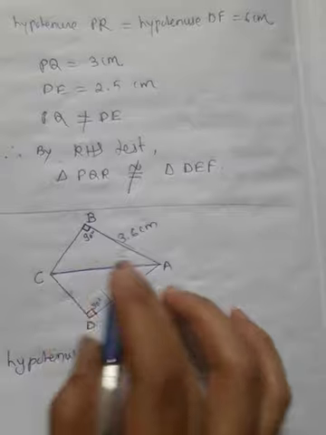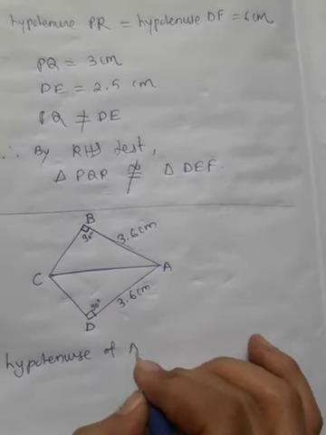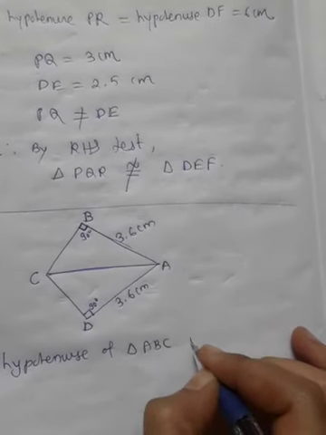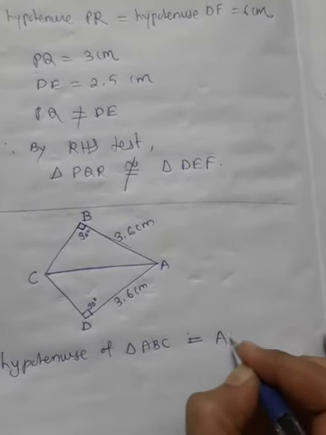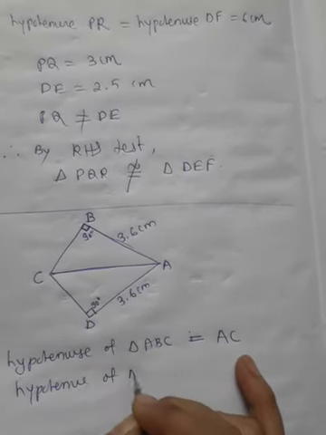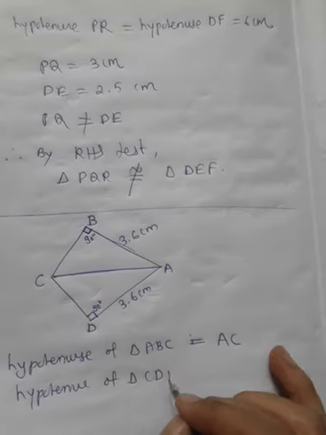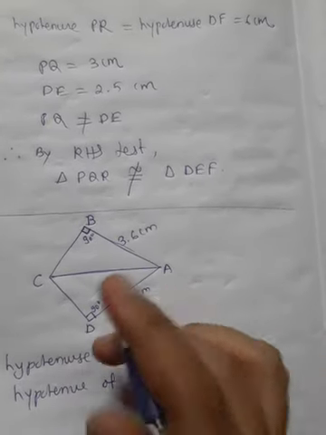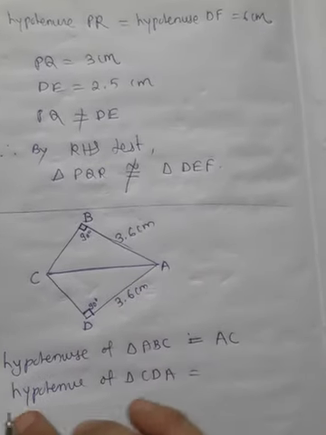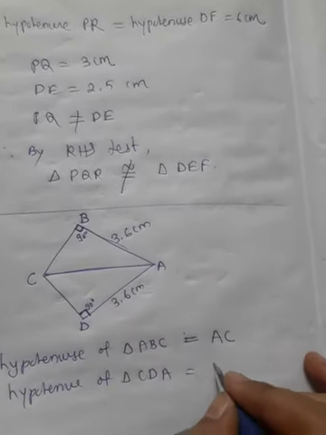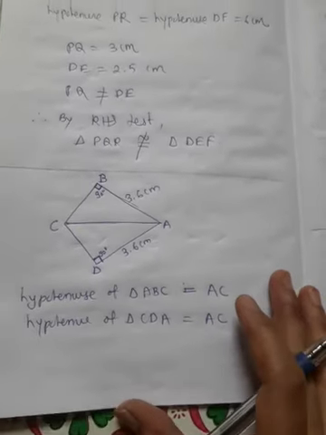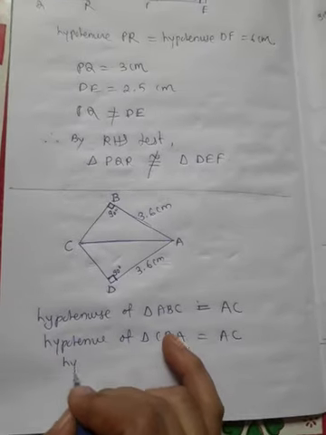So hypotenuse of right angle triangle ABC is AC. And now what is the hypotenuse of right angle triangle CDA? You observe that side opposite to 90 degrees is AC. So hypotenuse of right angle triangle CDA is also AC. So see, their hypotenuse are equal, AC, AC. Okay, hypotenuse are equal.